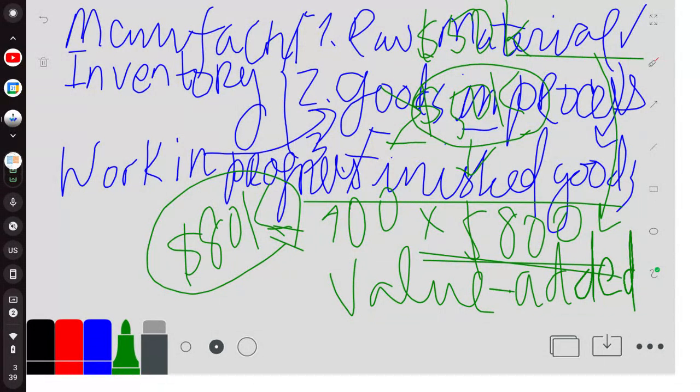Isn't that right? You've heard that expression before, or you may have used it yourself at some point: the whole is greater than the sum of the parts. Has anybody heard that expression before? Anyone? No one?